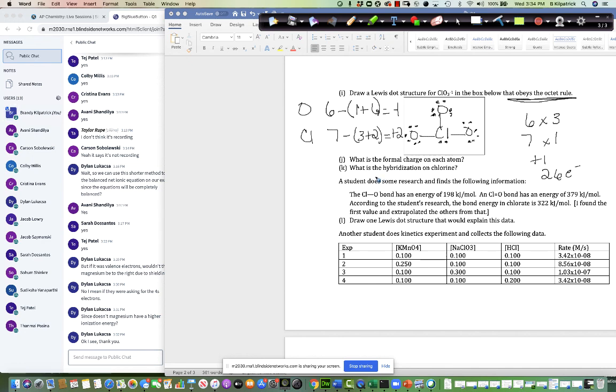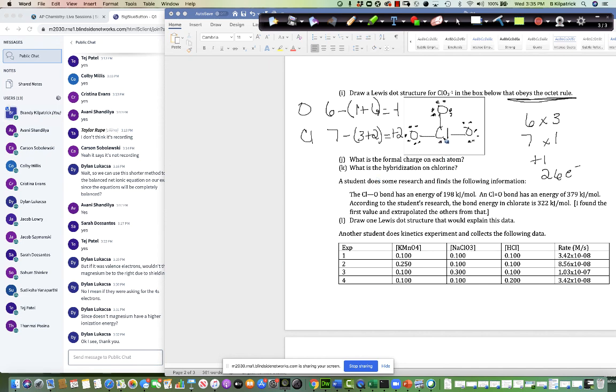Typically on the AP exam, they'll specifically mention formal charge, or they'll say, okay, you have this Lewis structure or this Lewis structure, which one is more probable? If they ask you that, you have to look at formal charge for that. But typically, you don't need to look at formal charge because then you guys start drawing all sorts of weird stuff.